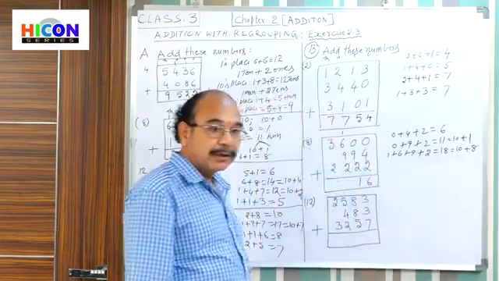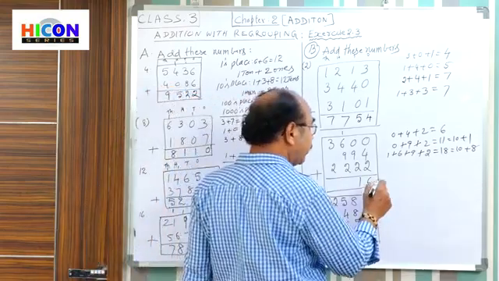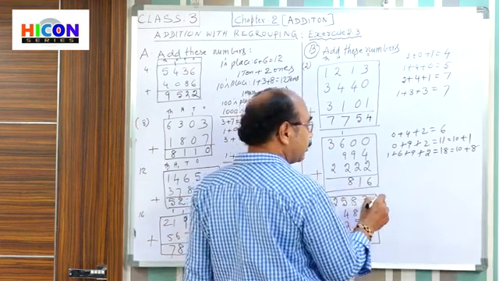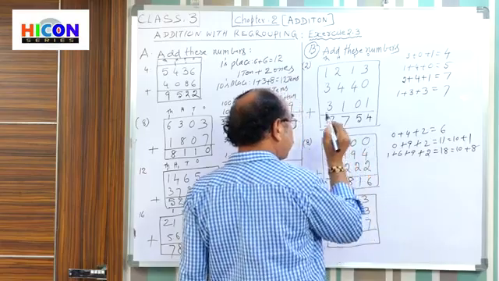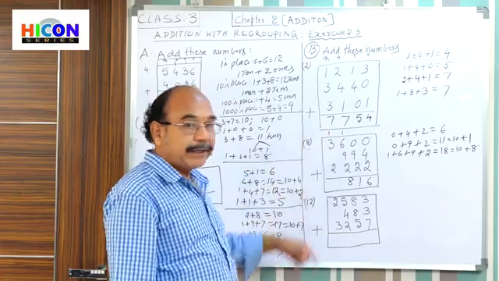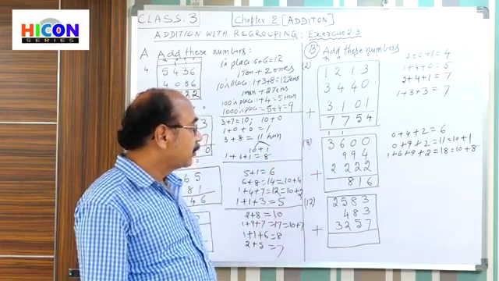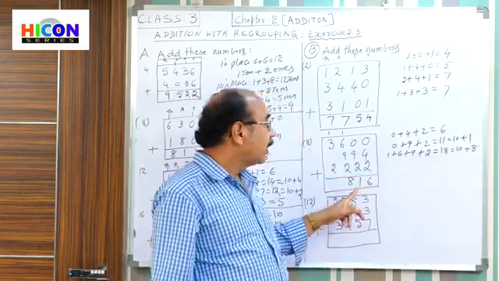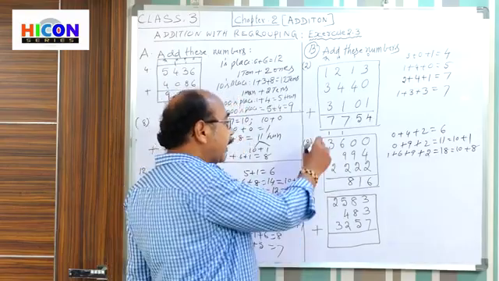So write 8 in the hundreds place and write 1 in the thousands place. This is the carried thousand.